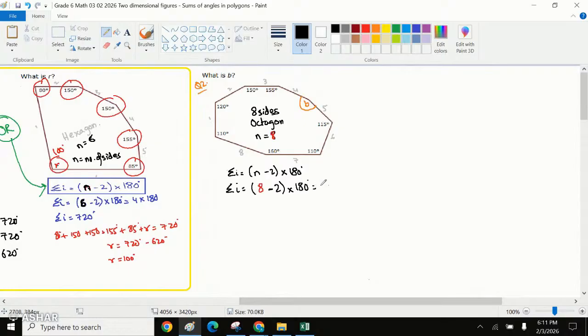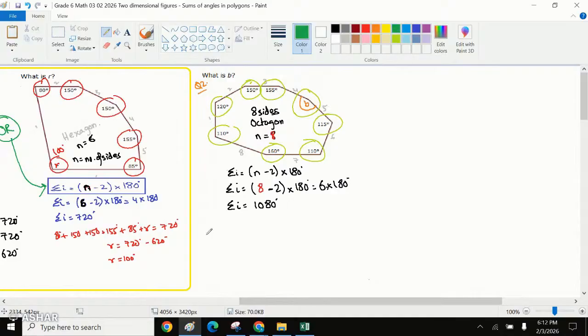That would be 6 into 180. Agreed? When 180 is multiplied by 6, it comes out to be 1080 degrees. That means when we add all these 8 angles, the sum of these angles would be 1080.